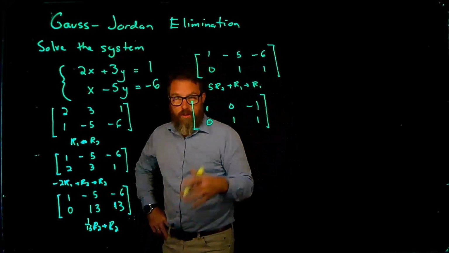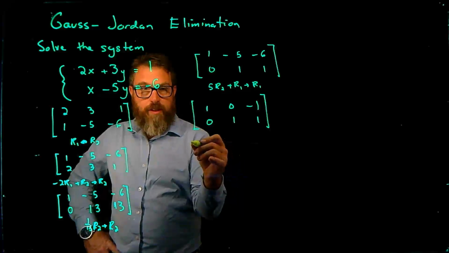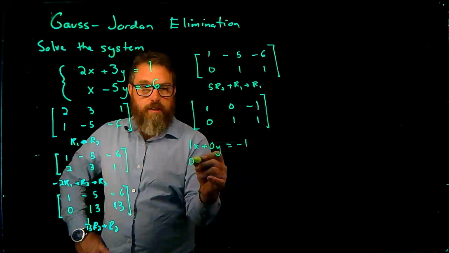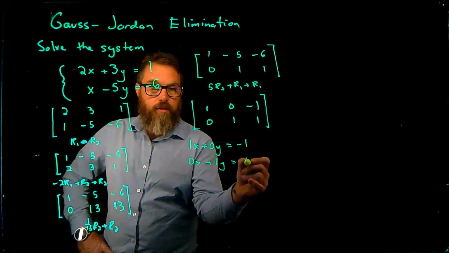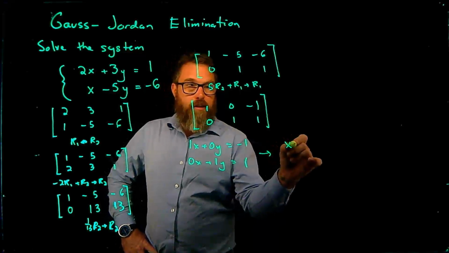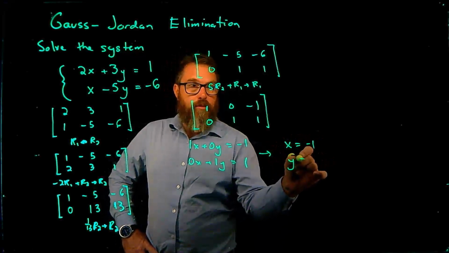All right, so let's rewrite this as a system of equations now. Remember, this says 1x plus 0y is equal to negative 1. This says 0x plus 1y is equal to positive 1. Or simply, this says x equals negative 1 and y equals positive 1.